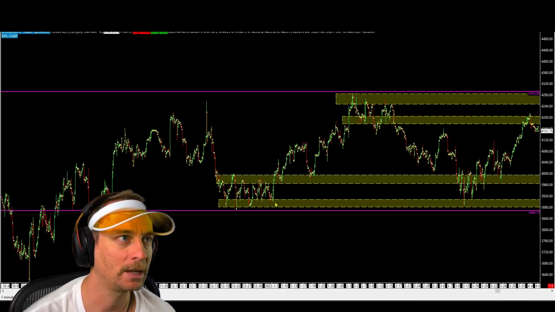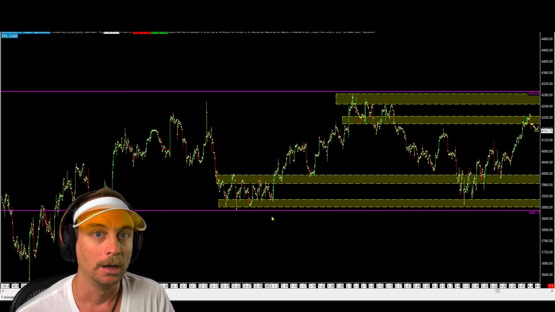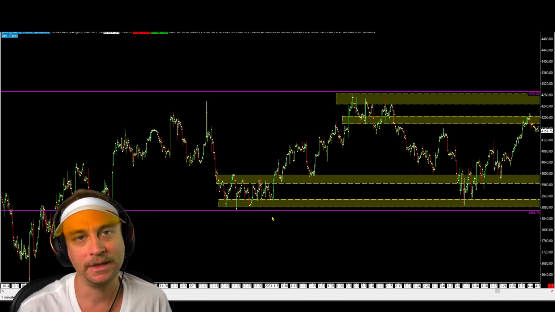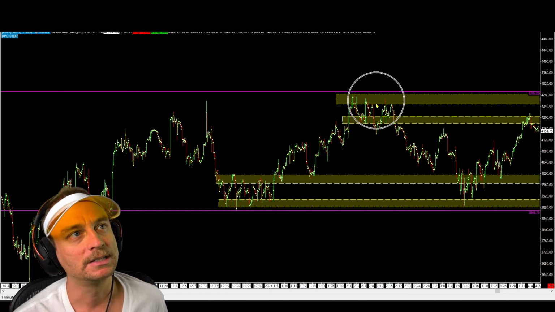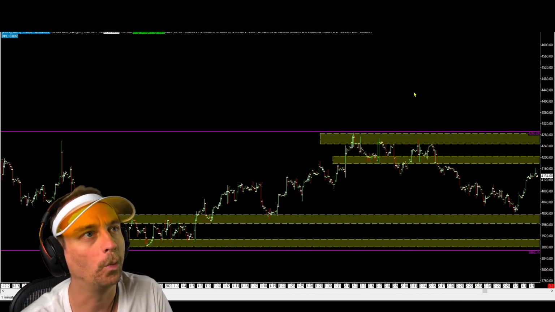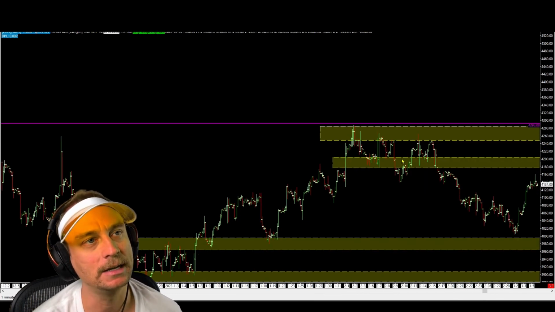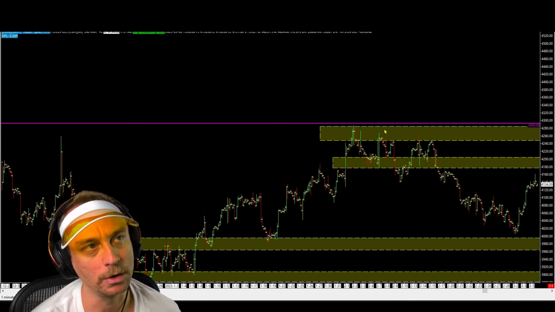So theoretically, anywhere in one of these two yellow boxes would be a great long if we think the market's going to continue to mean revert on the higher time frame. Same thing with what's going on up here. So what I can look at is this would be mean favor if I'm trying to short.